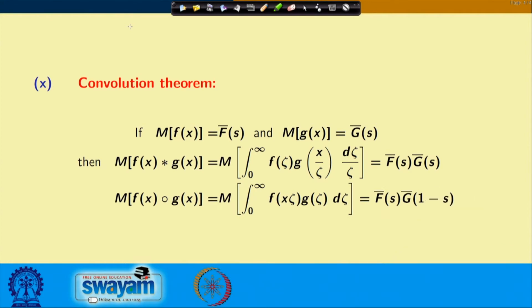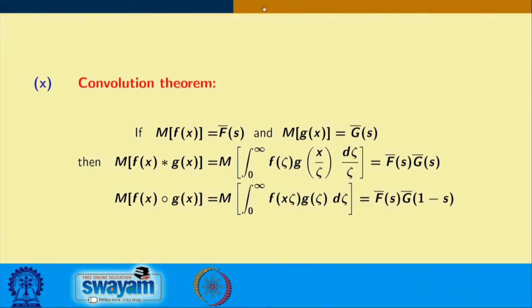Or you can write it in this way also: the Mellin transform of f(x) o g(x) we can define as the Mellin transform of the integral from 0 to infinity of f(x eta) g(eta) d eta. This equals F bar(s) into G bar(1 minus s). So, this is the convolution theorem.